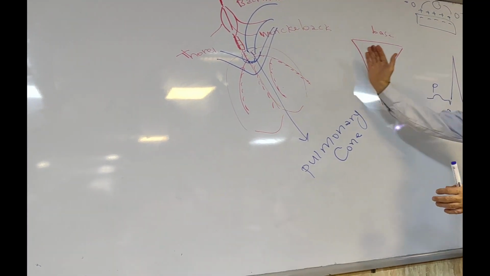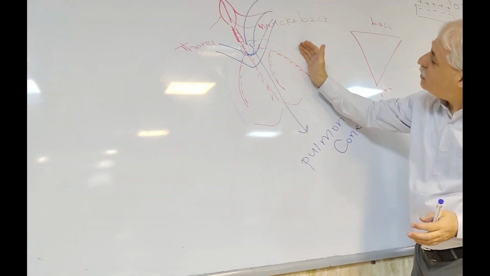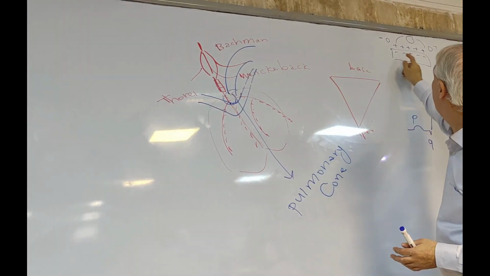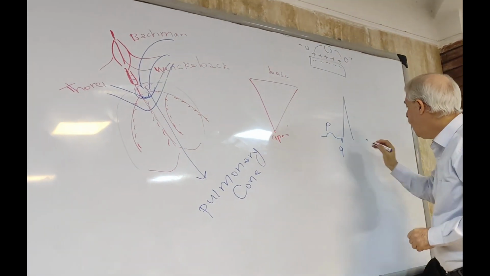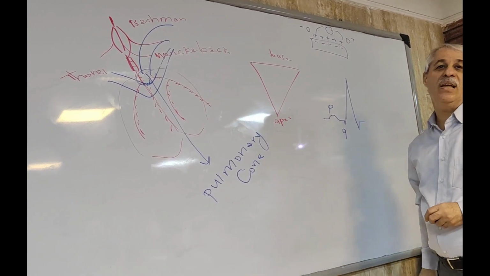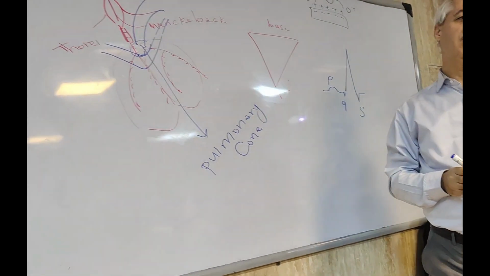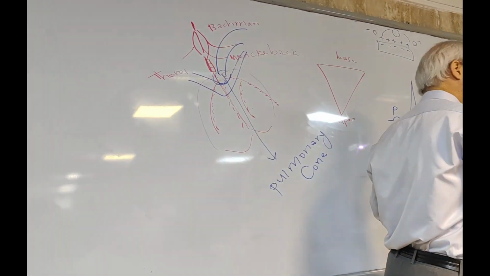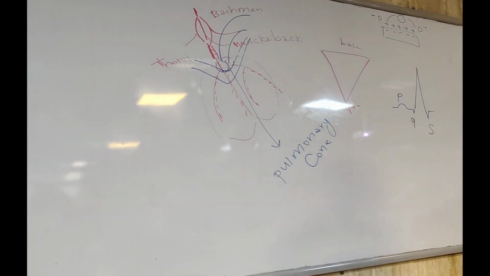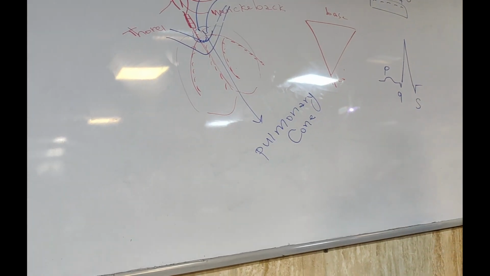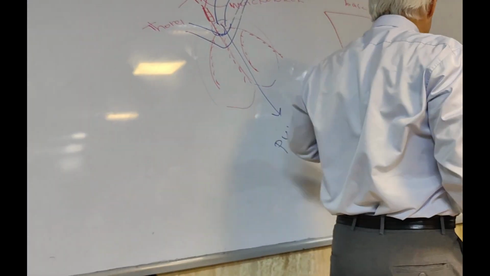Again, see, depolarization is moving away from the positive pole. That is why you have a small negative wave here, which is called, which one? The S wave.